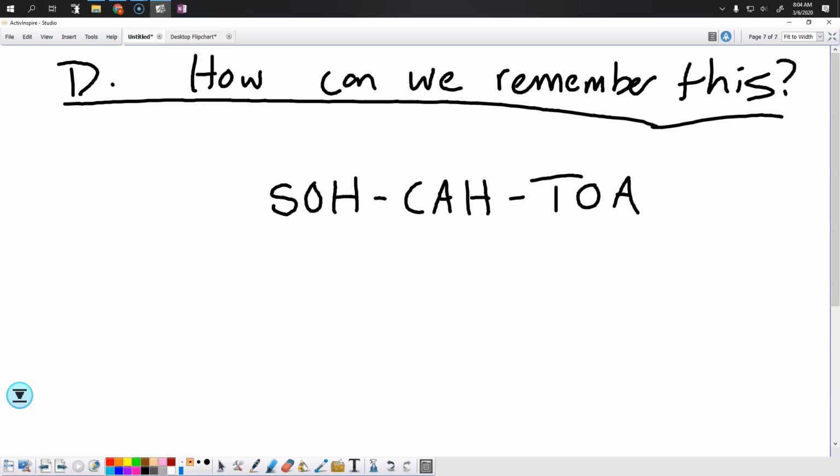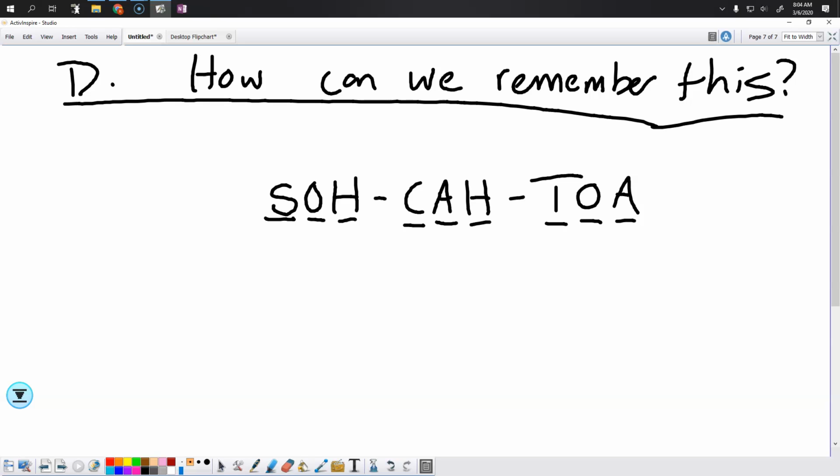So here's how it works. Sine is opposite over hypotenuse. Cosine is adjacent over hypotenuse. And tangent is opposite over adjacent. Okay? So that's your little memory trick.